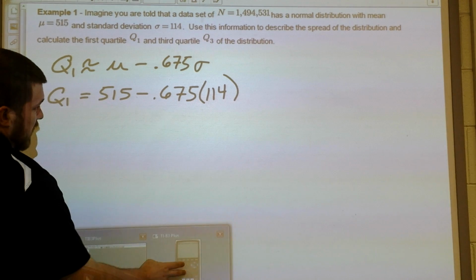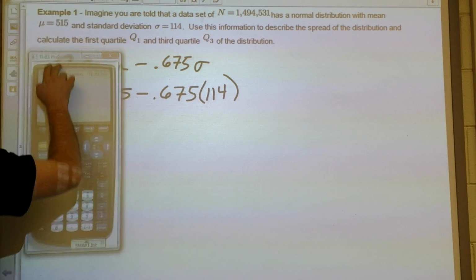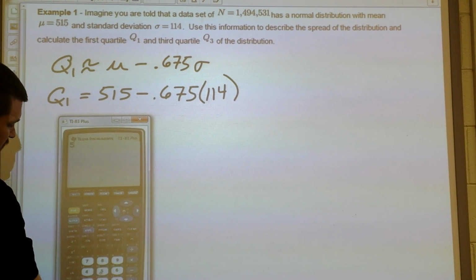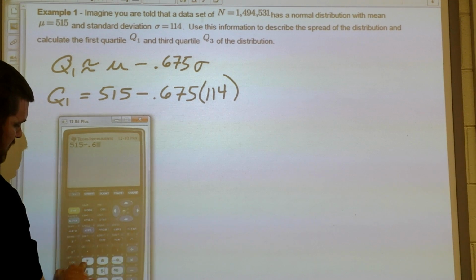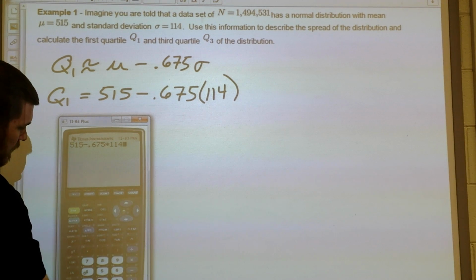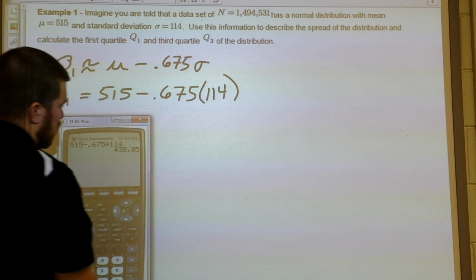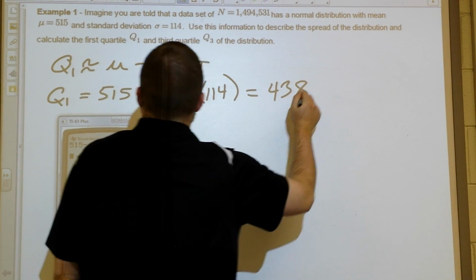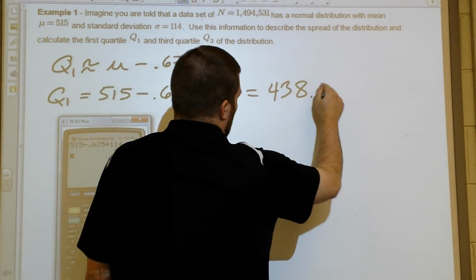Now we're just going to use a calculator. Nothing hard here. So we have 515 minus 0.675 times 114, and so our first quartile is at 438.05.